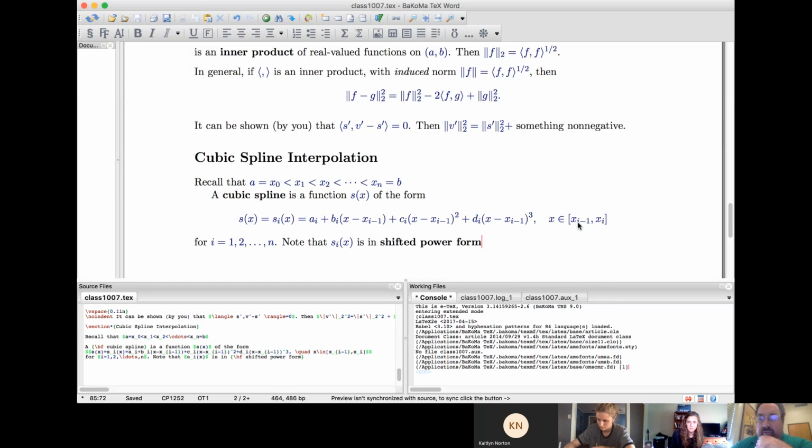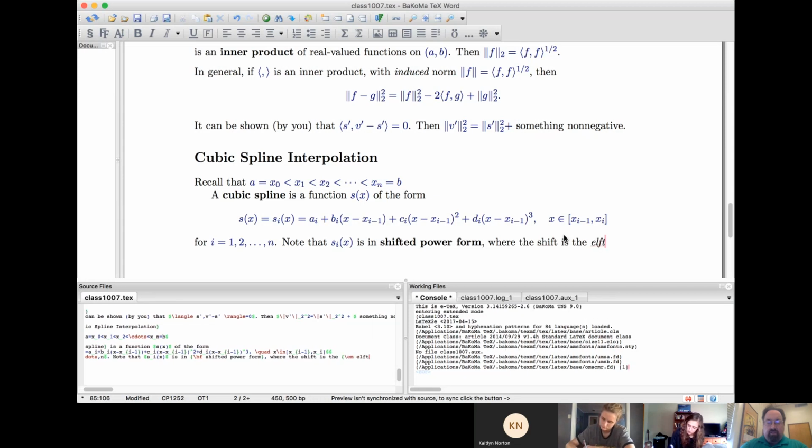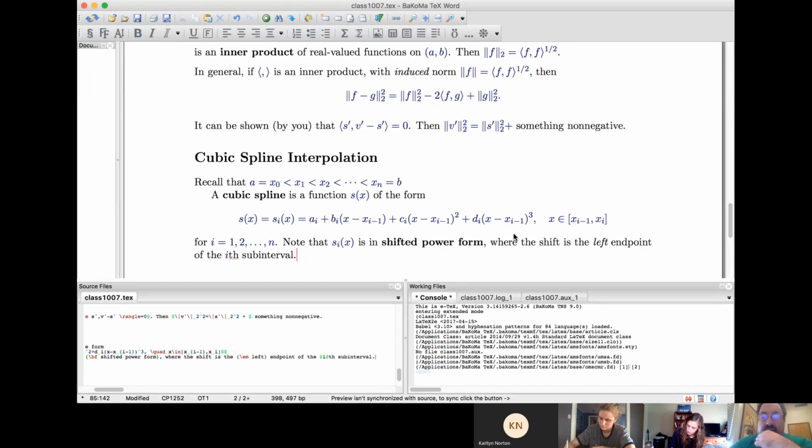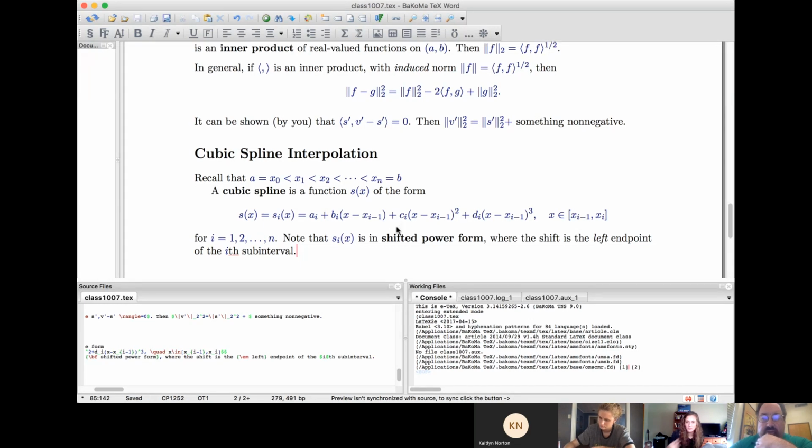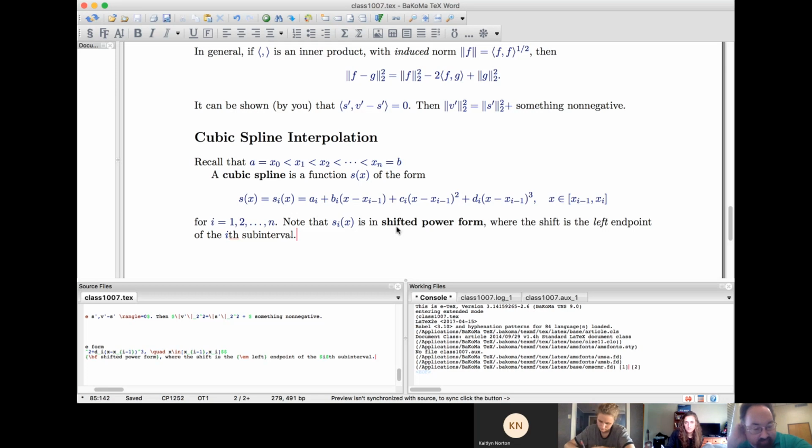And I'm using the left endpoint of each subinterval. We could use any form for this technically, but using shifted power form is convenient for describing the criteria that the spline is supposed to satisfy.